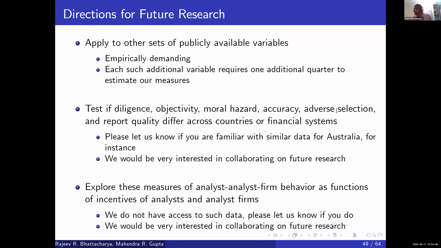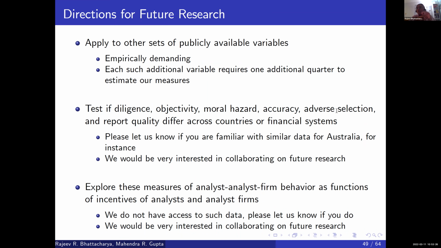So in the 6 minutes that I have left, what are the directions for future research? As I mentioned earlier, you saw that our regression equations are quite sensitive to what we use as the publicly available variables. And our methodologies are very demanding.